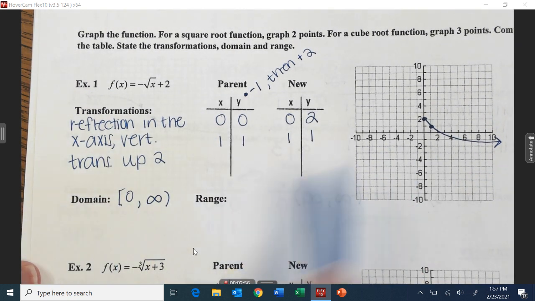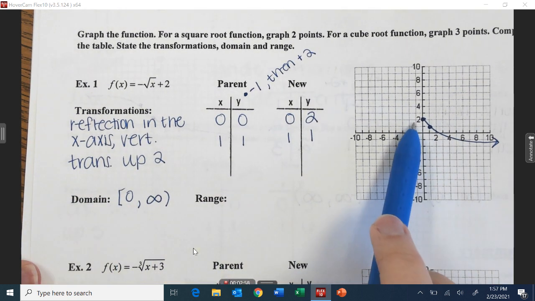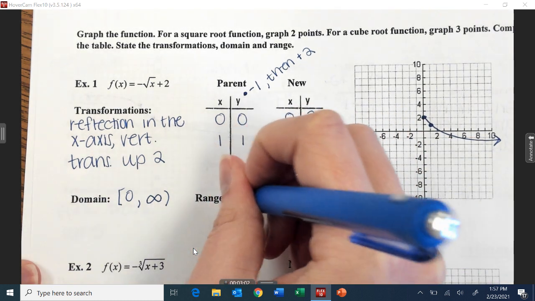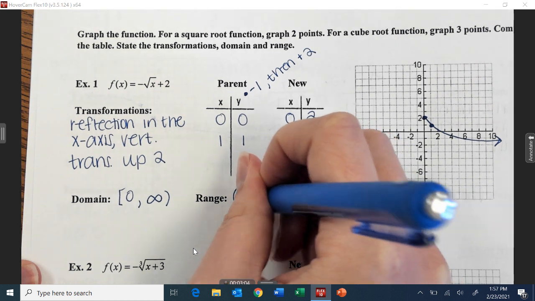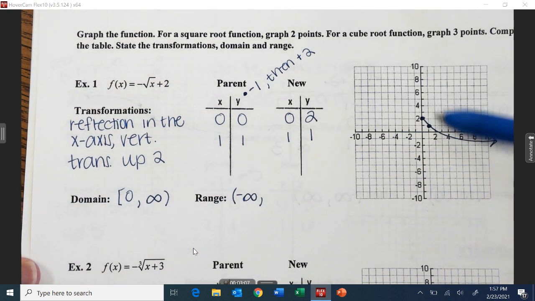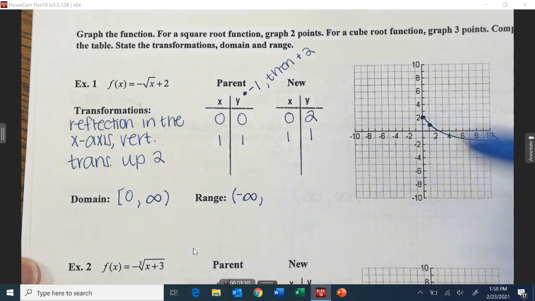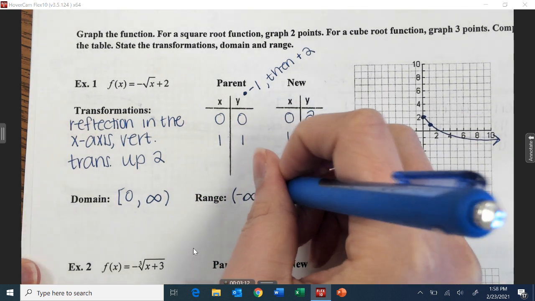The range has changed slightly. I'm no longer going up forever. I'm now going down forever, which means I'm approaching negative infinity. And then your biggest y value, your highest point on the graph, is this point here, which is a y value of 2.